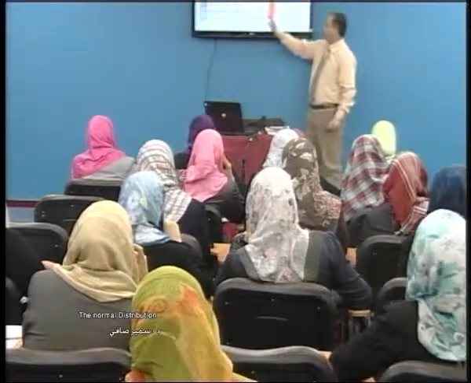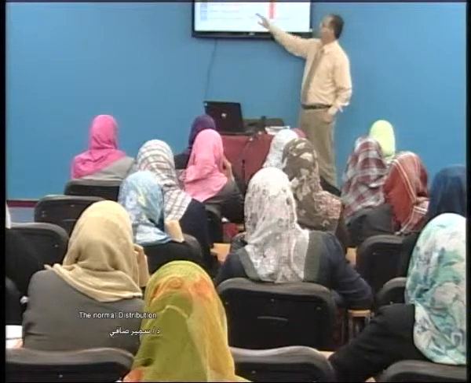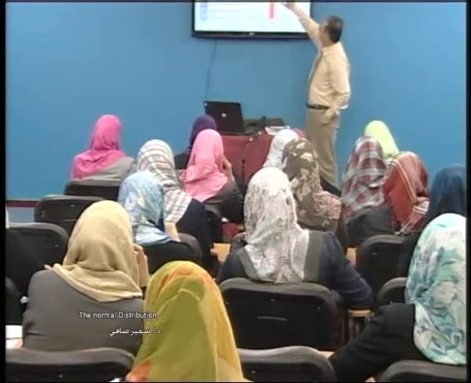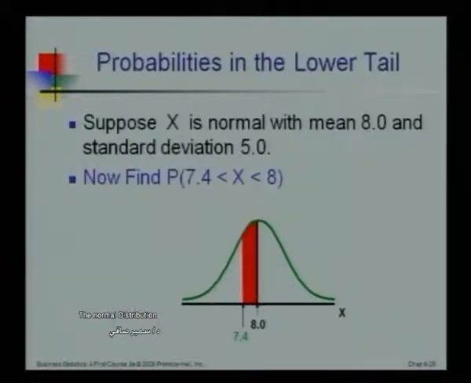So the area to the right of 0 is the same as the area to the left of 0. So in this case, minus 0.5. So this is your answer. So the probability of x between 8 and 8.6 is around 0.478. I think we stopped last time at this point.